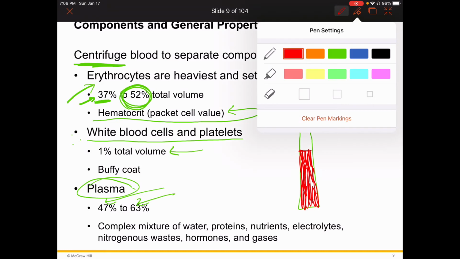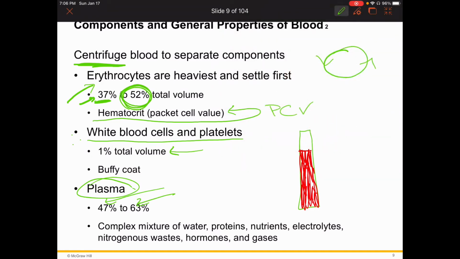One of those things is dehydration, actually. And here's this puffy buffy coat right here, right? This could be dehydration. This could be overproduction of red blood cells, which we'll look at a little bit later. So they tell you some important things about the status of your patient right away.